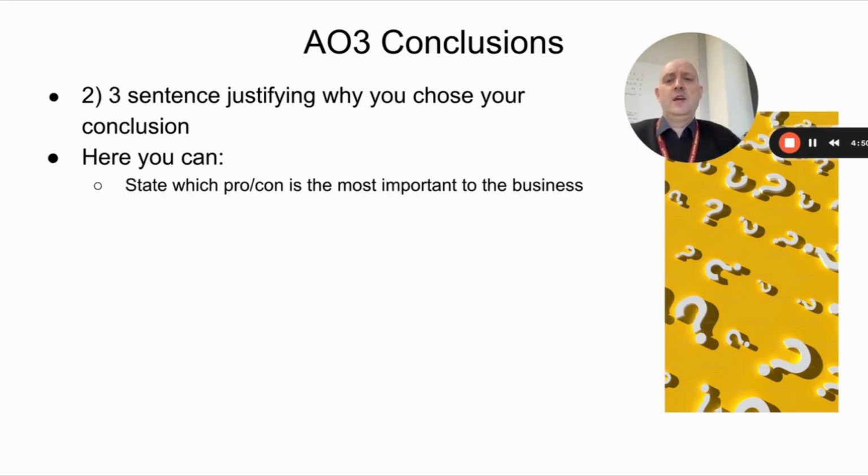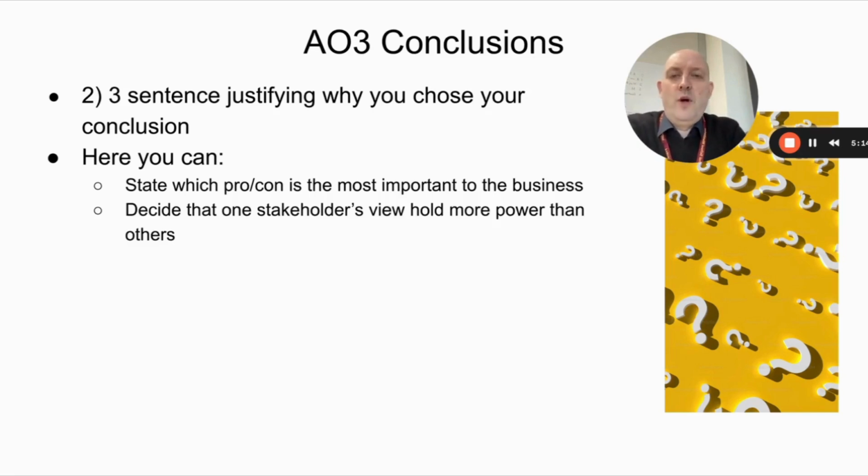So you might say which pro or con is the most important to the business. You can see this is a bit more developed than saying the pros outweigh the cons. Well, here we can say one of the pros or the cons is the most important to the business. I'm going to choose this to be the most important pro because of this reason. And therefore, this is why I've gone for the conclusion. So this is something that can work.